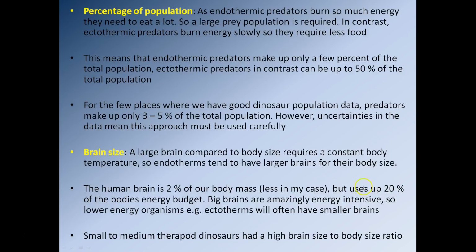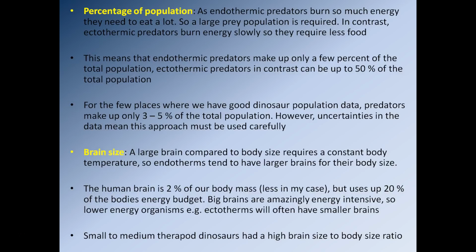Simply because warm-blooded animals maintain a constant body temperature, and because we have a high rate of metabolism, we can take food that we ingest, turn it into energy, which can be given to the brain very, very quickly. So typically, big brain equals warm-blooded. In contrast, cold-blooded animals tend to have noticeably smaller brains.